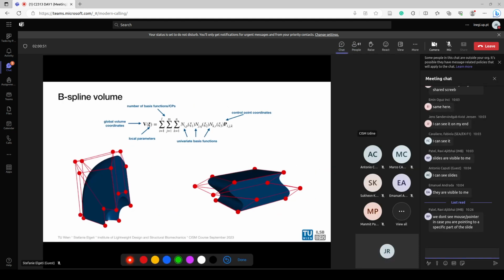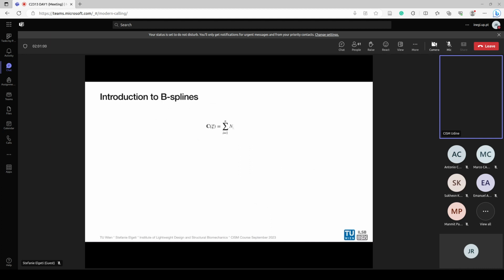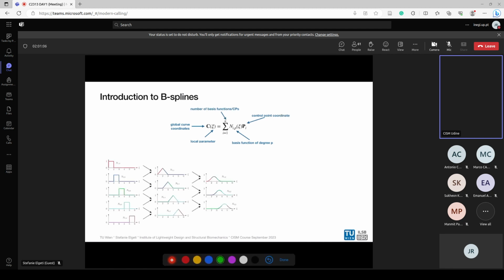Also, this extends to... was there a question? Except for the 0, there is an overlap, right? So the control is local, but it's not exactly one-to-one. If I move a control point, I will also affect something not related just to this function.